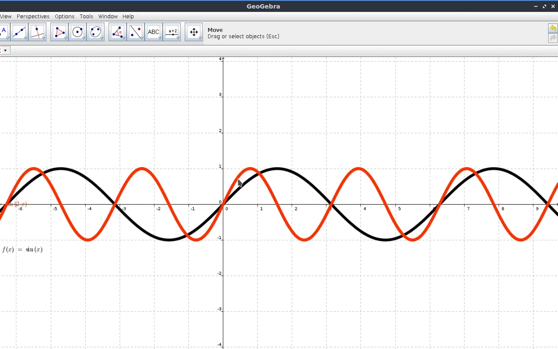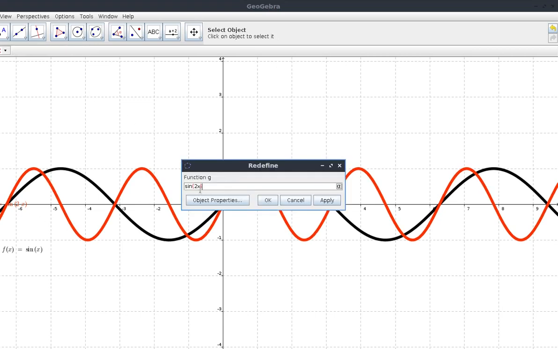So when we put 2 sine 2x, we double the frequency. So the frequency is whatever multiplies the x inside the sine.